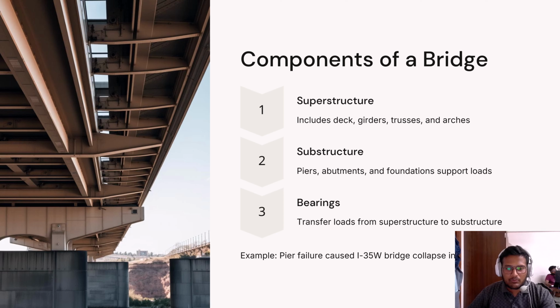Each component must work in harmony to ensure safety. For instance, the 2007 bridge collapse in the USA was caused by substructure failure, a reminder of how critical every part is. The bridge name is I-35W.